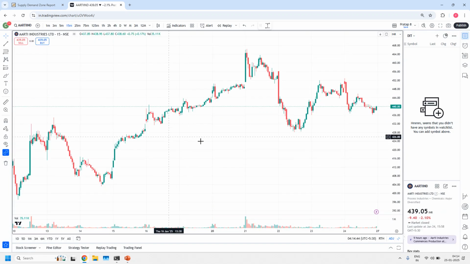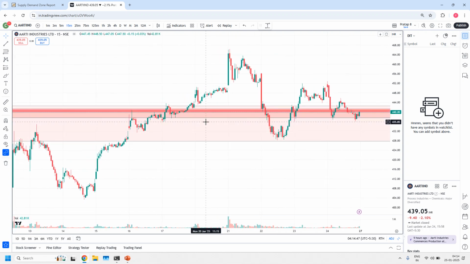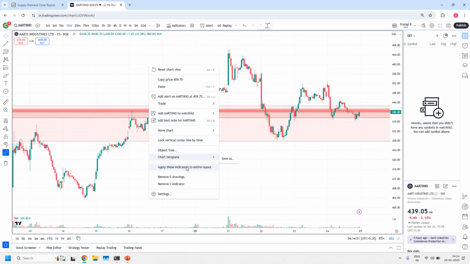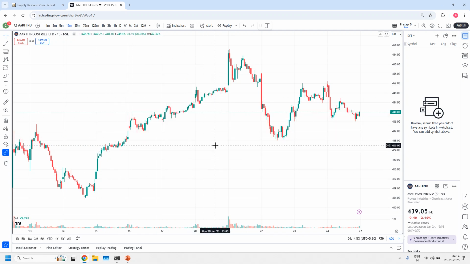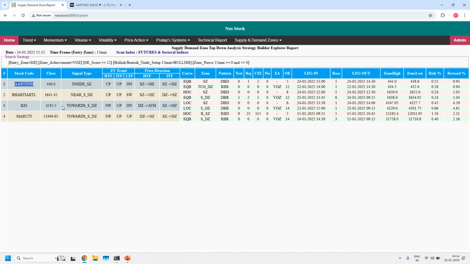Okay, now RT Industries, the previously drawn zones were removed. Now what is our demand zone? Look into the leg-in date.